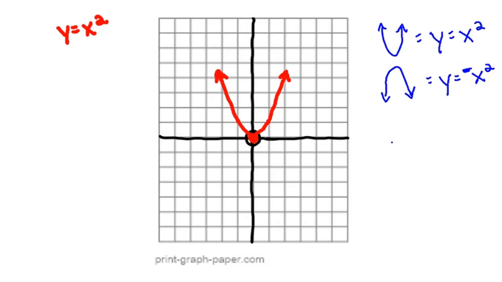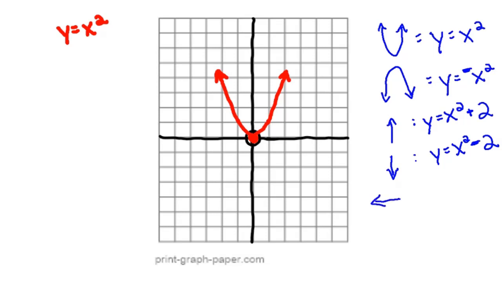Then we've learned how to move the parabola up by adding something to the end of the x squared, and we've learned how to make the parabola go down on the graph paper by subtracting a number from the x squared. But we haven't gone through yet how to shift it over to the left or to the right. So let's do that now.